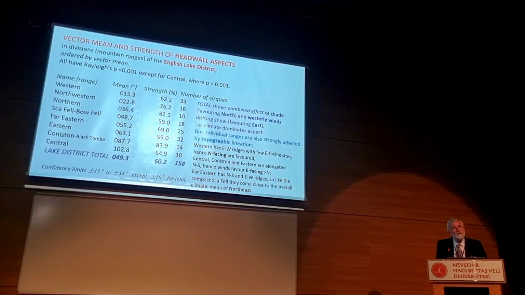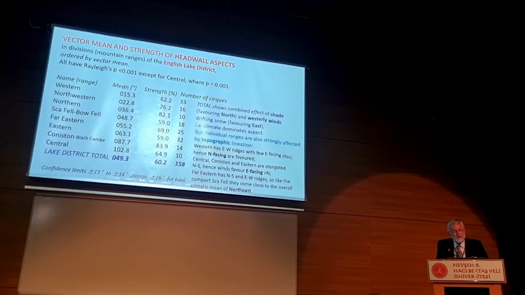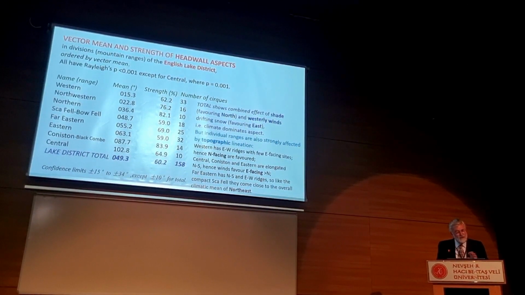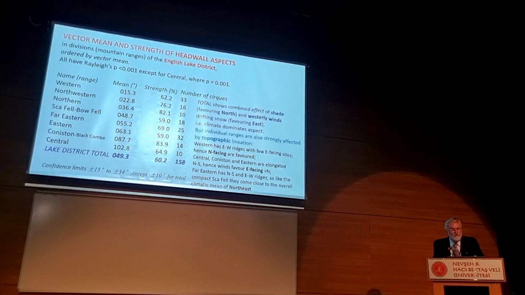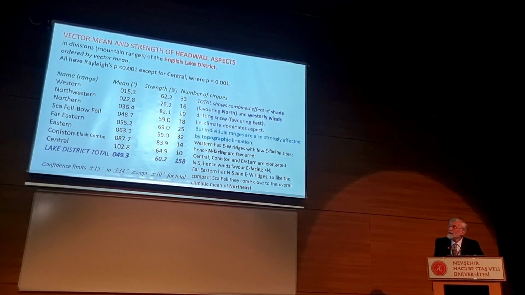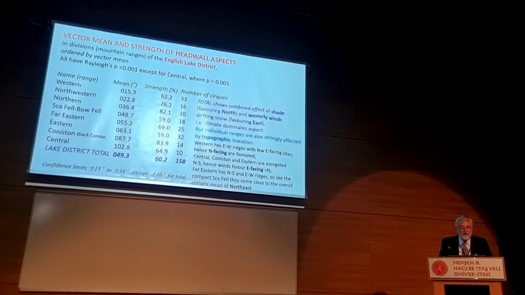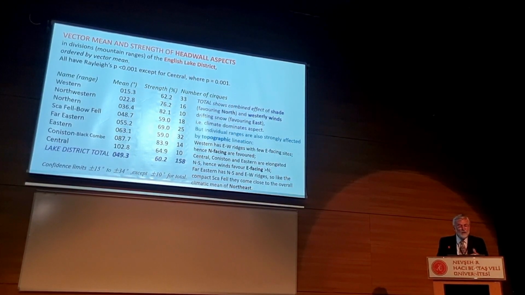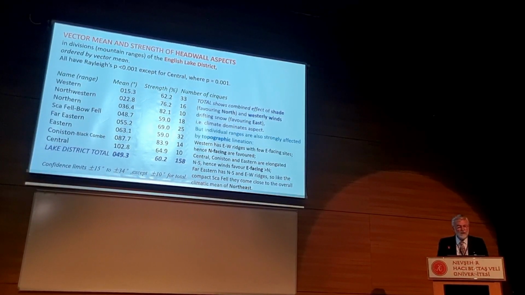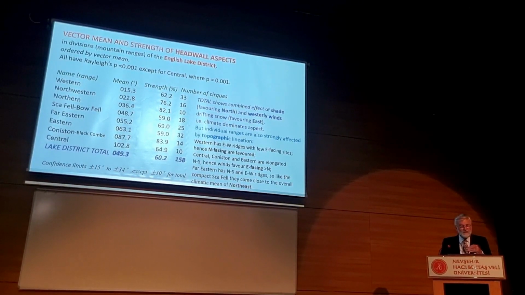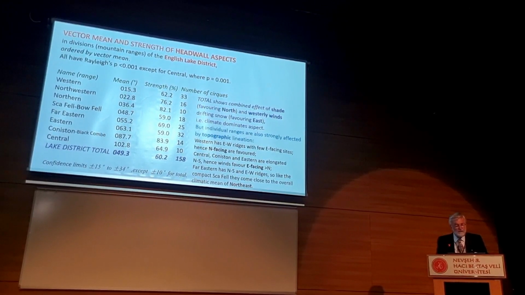But between the different mountain ranges, the different blocks, quite small areas within this massif, we have a variation between northward and eastward. And in this table I have ranked them in order from the most northward, which is in the western mountain block, and the most eastward, which is in the central and Coniston mountain blocks.